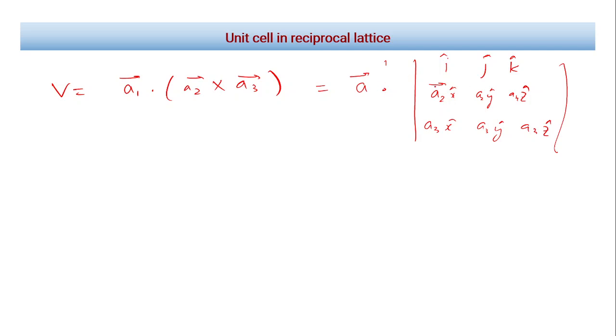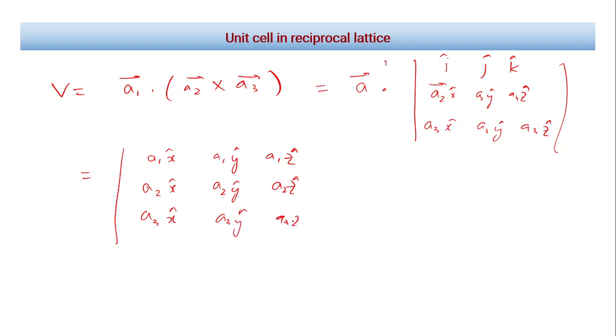And when it's combined with dot product, then what we'll get is this: A1 x component, A1 y component, A1 z component, and A2 x component, A2 y, A2 z, A3 x, A3 y, A3 z. And since this is a matrix, we need to find out the determinant, that we know how we do.